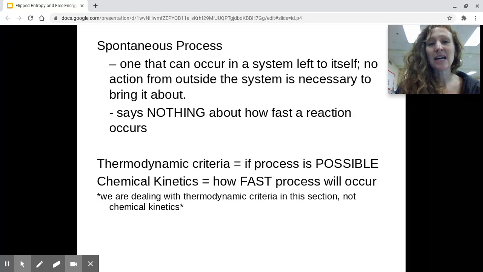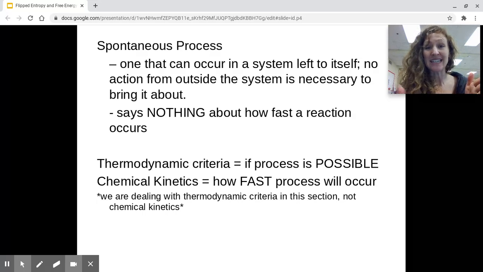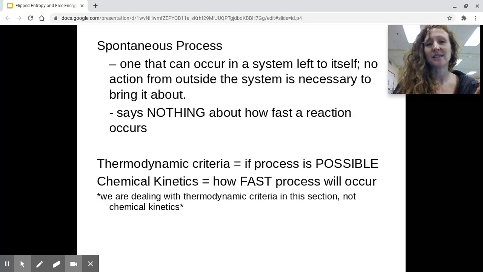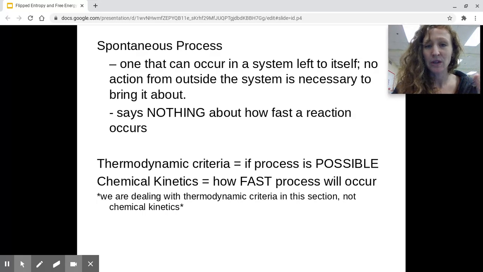So this is cautionary tale number 1 in thermodynamics: thermodynamics and kinetics are completely different. The thermodynamic criteria of a process, which we're going to see include enthalpy, and then 2 more things, one called entropy and one called free energy.